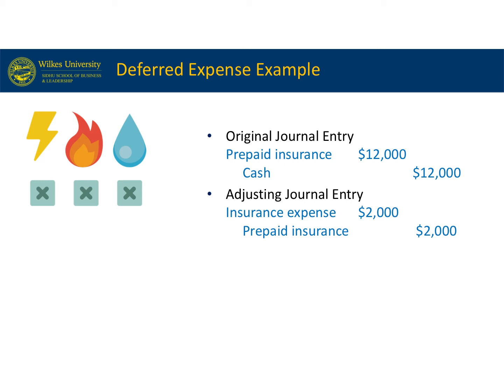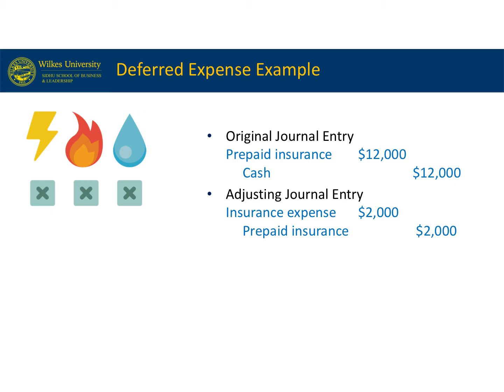So when the cash was paid, it must have been credited to show the decrease in cash. The debit must have been to a prepaid asset. If the insurance policy is for 6 months and costs $12,000, the original entry must have been a debit to prepaid insurance and a credit to cash. A month later, the adjusting entry is for the month used.